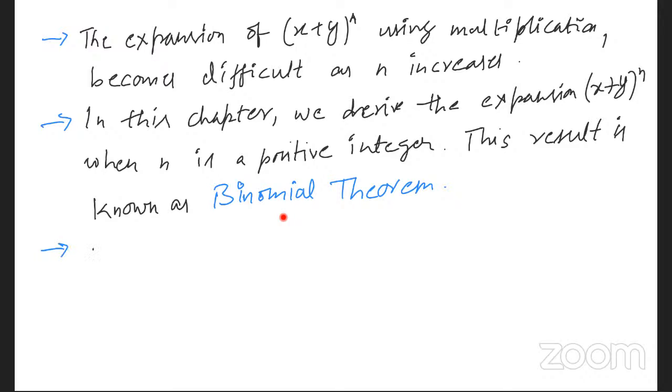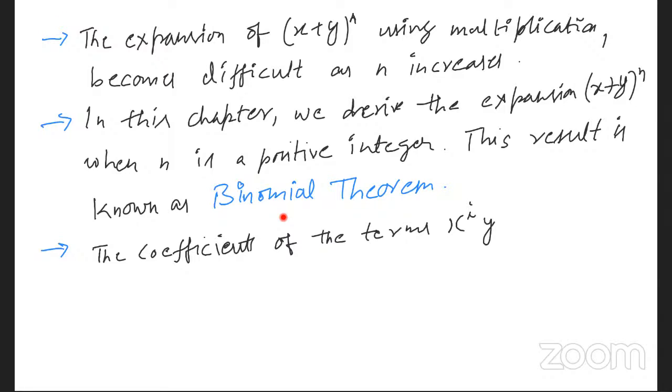The coefficients of the terms x to the power of i, y to the power of j are called binomial coefficients.